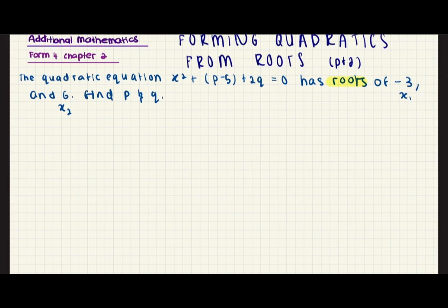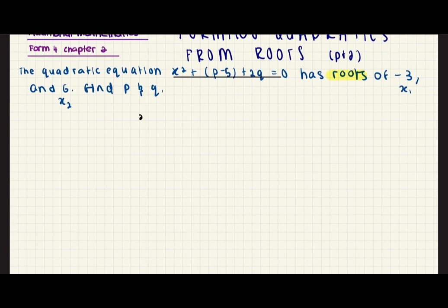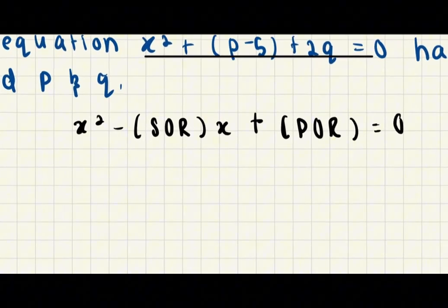So right now we are going to use this equation. Okay, this has nothing to do with this now. You just wait first. Okay, look here. x squared minus SOR x plus POR equals 0. Okay, so what is SOR? What is POR?